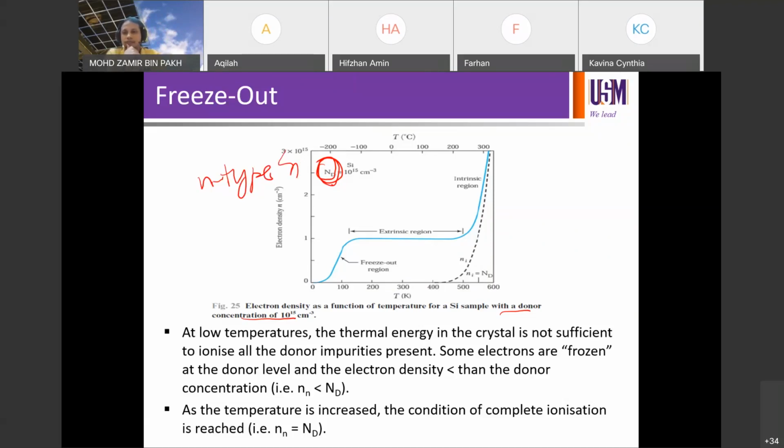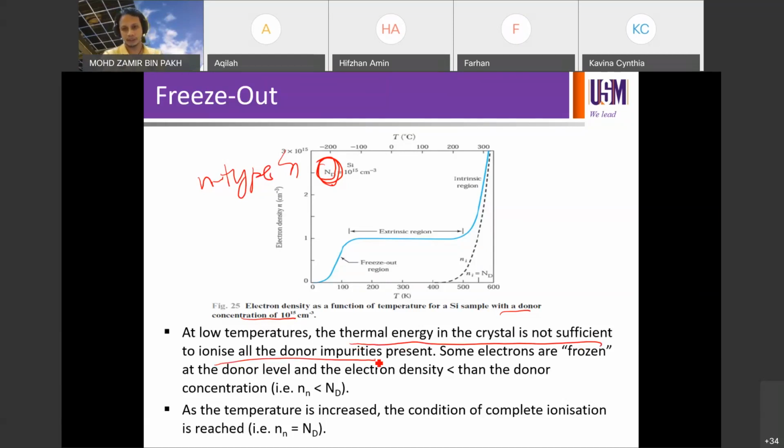They're just sitting there doing nothing, not improving the electrical conductivity of your silicon. Because the goal is to alter the conductivity, to improve it, for example. But if they are there doing nothing, then they are not changing anything on the electrical properties of the silicon. Therefore, they need to be ionized. But at low temperatures, thermal energy is not sufficient to ionize the dopants.